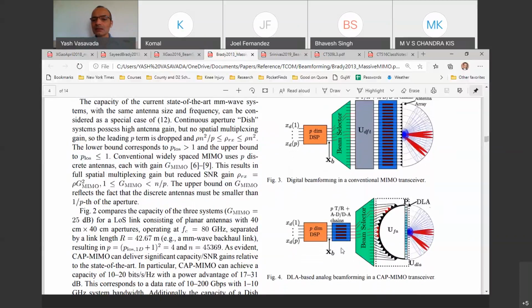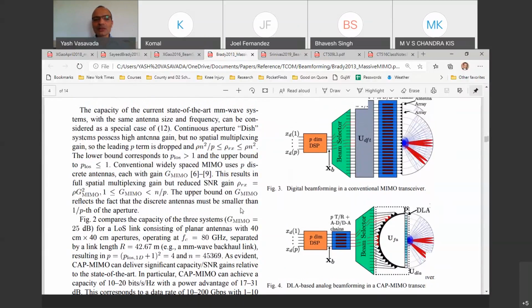So that is the elegance of their idea. Basically, they are saying that this DLA is going to do the discrete Fourier transformation.